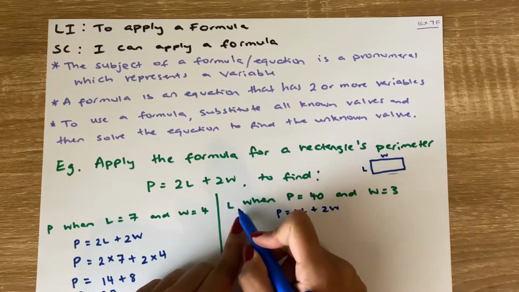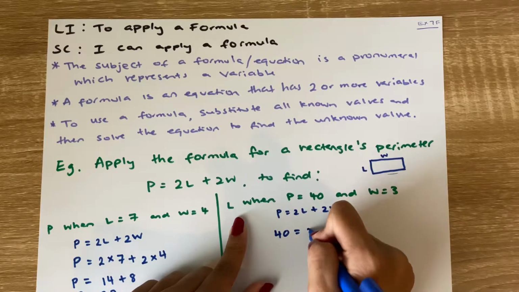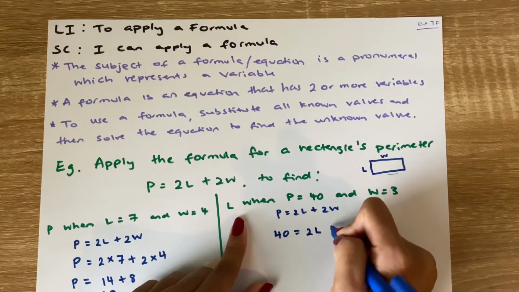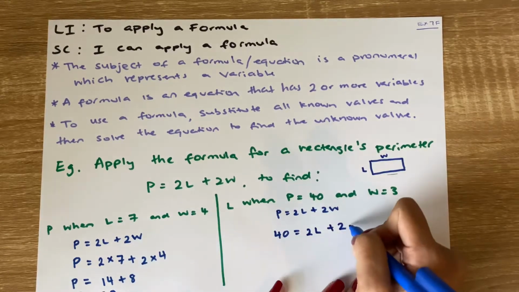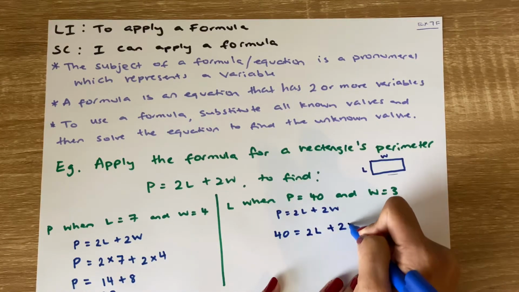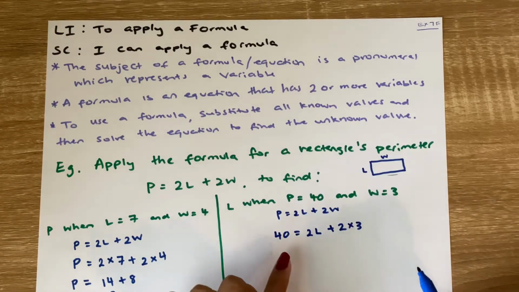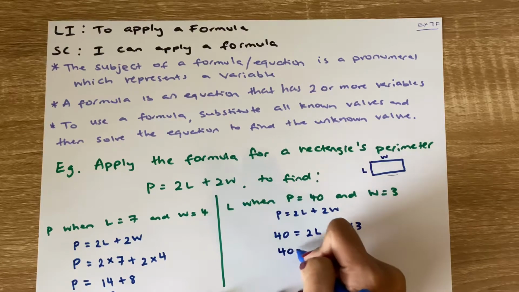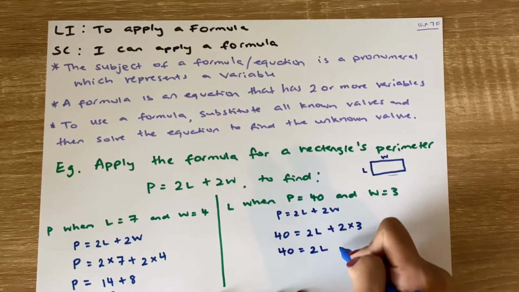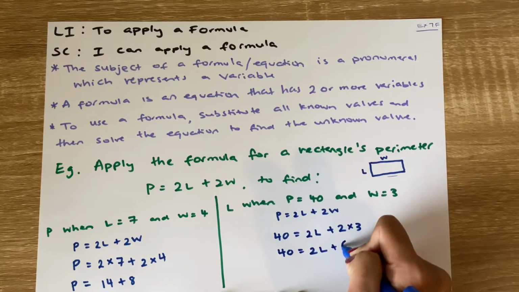I need to find L, so I don't know what L is, so I'm going to keep it as 2L, plus 2W. I've been told that W is 3, so I'm going to say 2 times 3. Now we're going to simplify this a little bit. So we now have 40 equals 2L plus 2 times 3, which is 6.